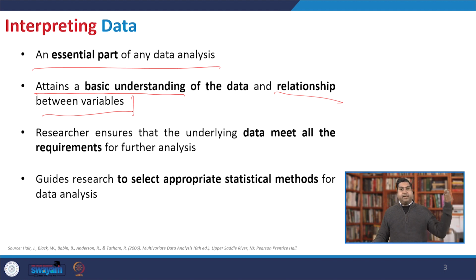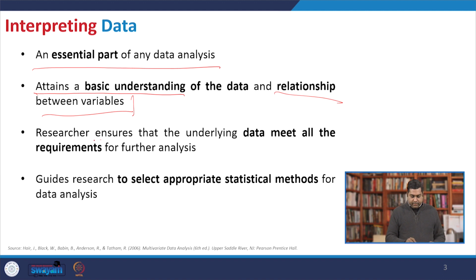If there is an impact of multiple variables, then it will be multivariate. So, depending on the research purpose, your research questions and objectives, you may require univariate, bivariate or multivariate data.